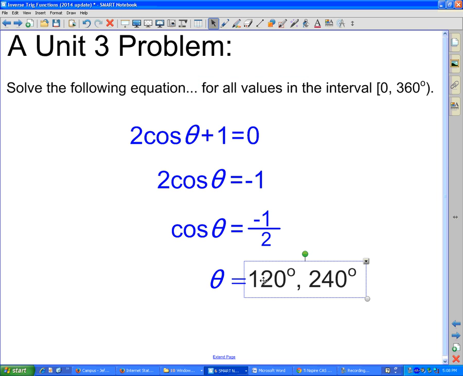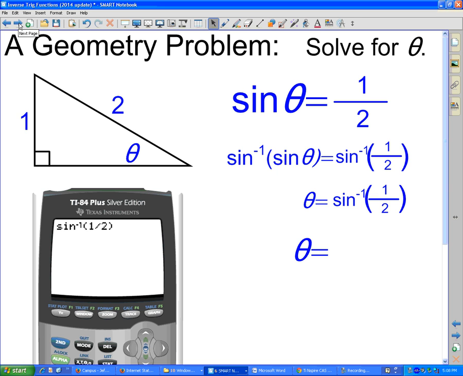And you can't even have 2 answers to have a function. That's not going to work. But we are going to limit it, and we're going to limit it in a much more logical way than just saying, let's just go from 0 to 2 pi.